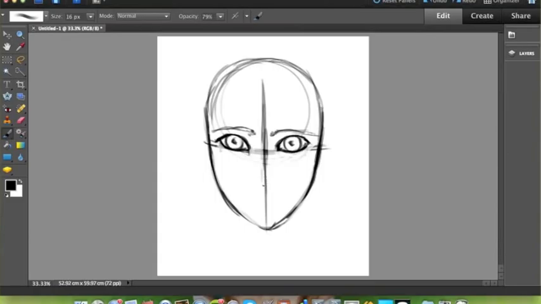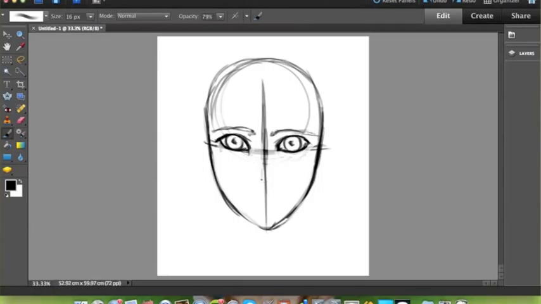Okay, I always used to have a problem with noses. Sometimes I still get it a little bit wrong. I always used to get the noses very long, so I draw them all the way down here. And that is not right.